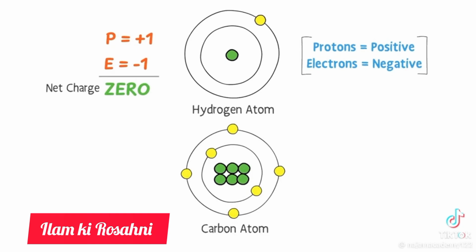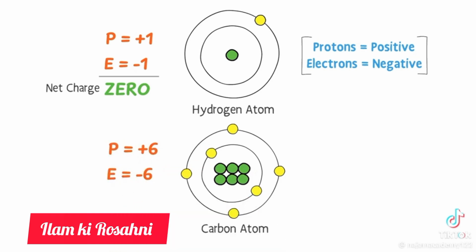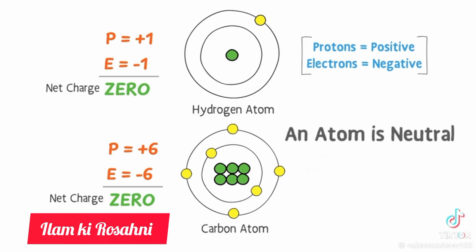If you count the number of protons and electrons in the carbon atom, you will get that the number of protons is equal to positive 6 and the number of electrons is equal to negative 6. Thus positive 6 and negative 6 cancel out each other. Hence a carbon atom is a neutral particle. Therefore, we say that an atom is electrically neutral because it has an equal number of protons and electrons.